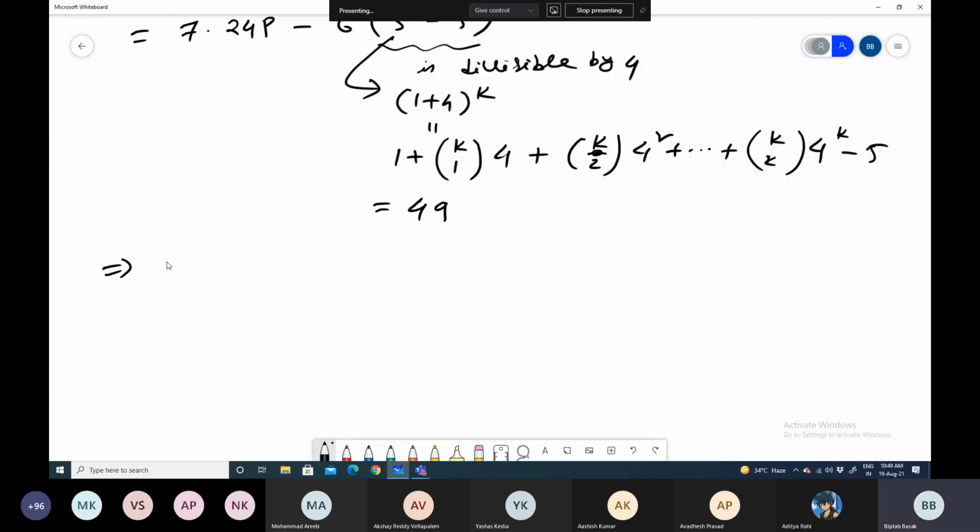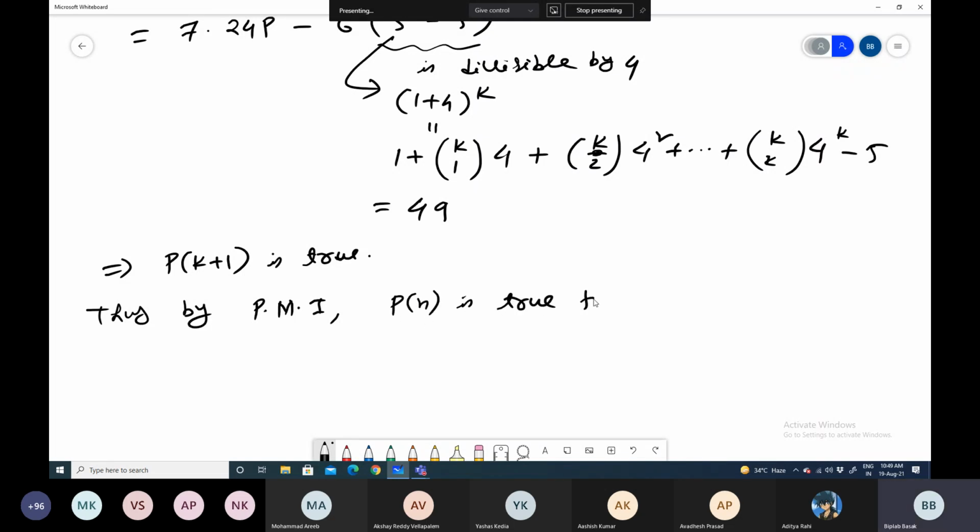So therefore, P(k+1) is true. Thus by the principle of mathematical induction, we can say that P(n) is true for all n. So we are done.